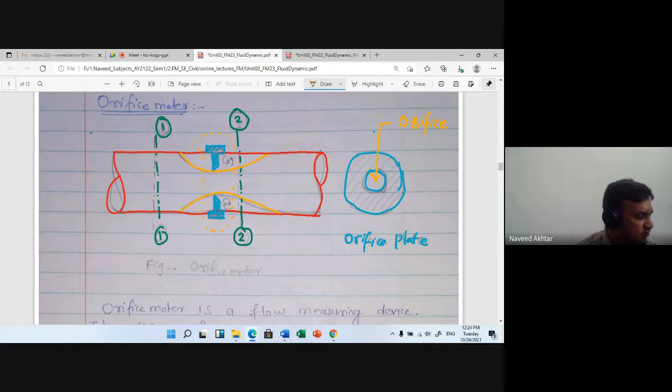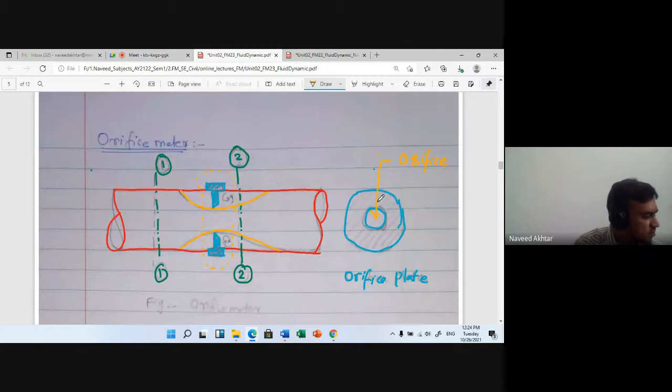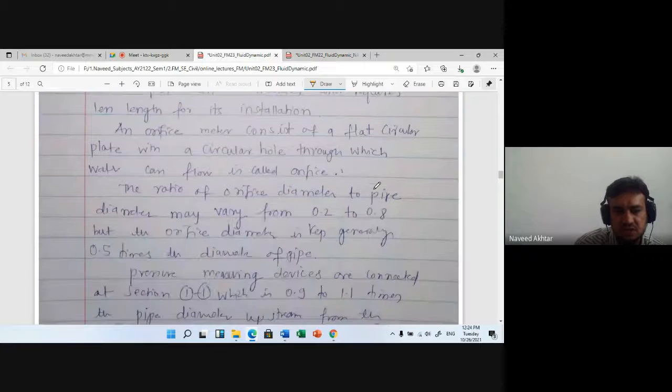Here, in the construction, it is given that the ratio of orifice diameter to the pipe diameter may vary from 0.2 to 0.8.